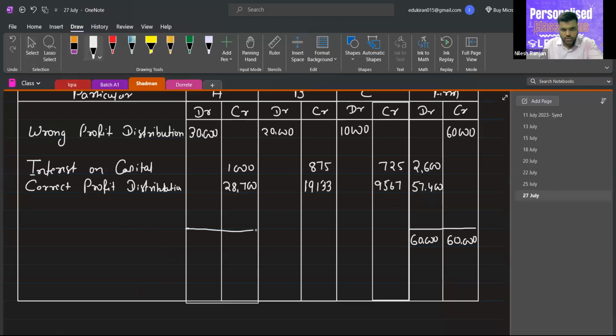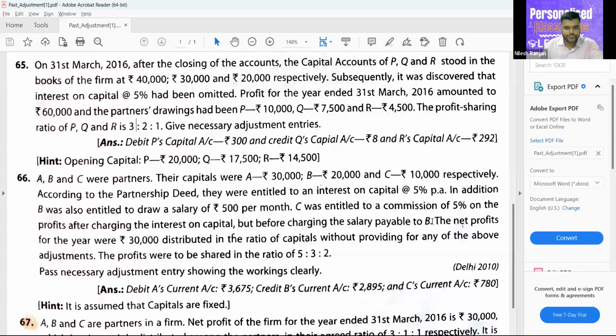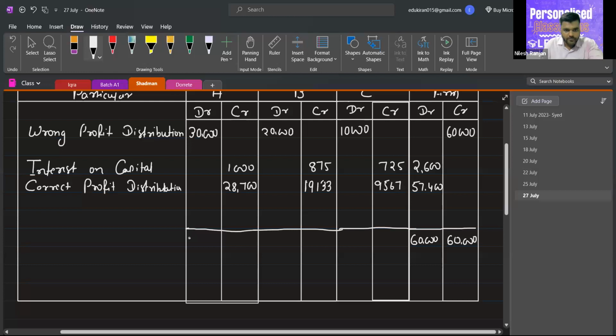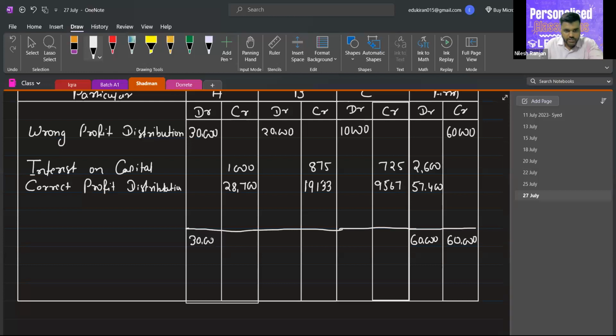Now we will total all the columns. Both sides should be equal. So total of debit side of B is 30,000. Total of credit side is 29,700.